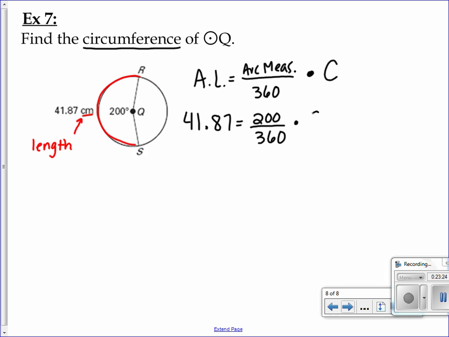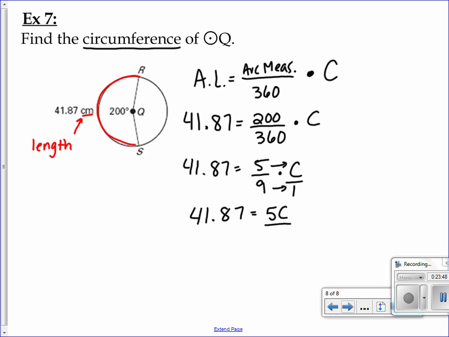I'm just going to times all this by C. So what I like to do is simplify 200 over 360. That would reduce down to 5 over 9 times C. I'm going to put this over 1, just go straight across here just to group those together. So you're going to get 5C over 9.